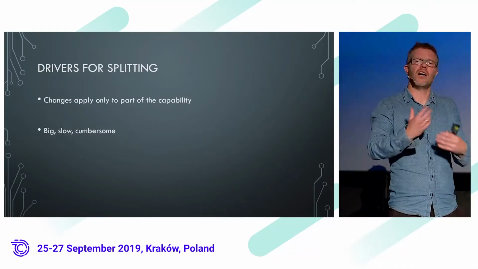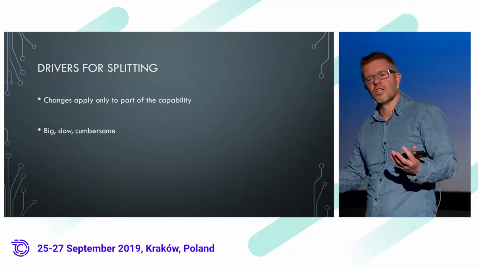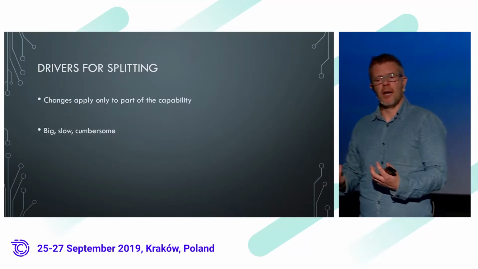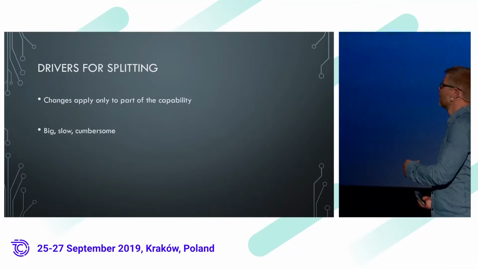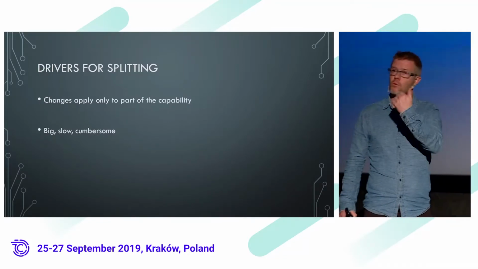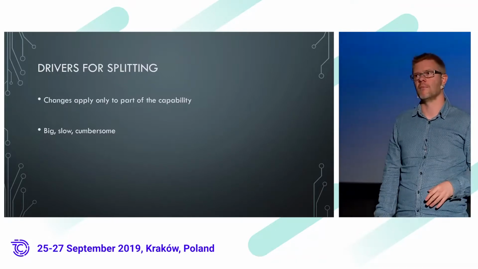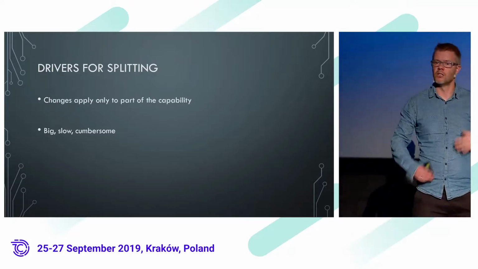That looks like we have two different components inside the code base which actually handle different capabilities. Again, not a hard and fast rule, but a rule of thumb. Then take a look at it and say, does it make sense to split this up? And if it does, go ahead and do it.